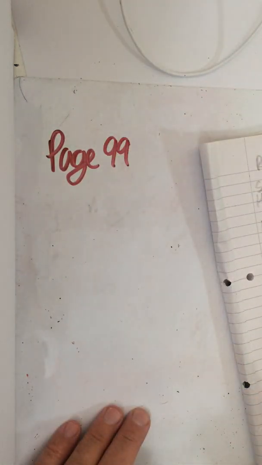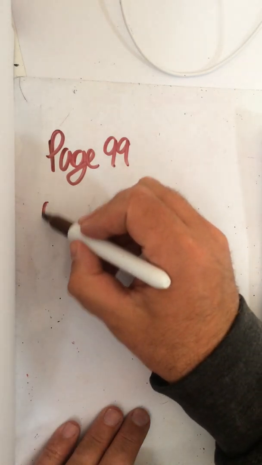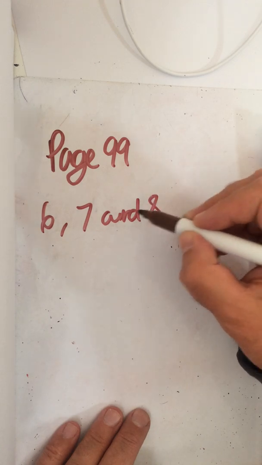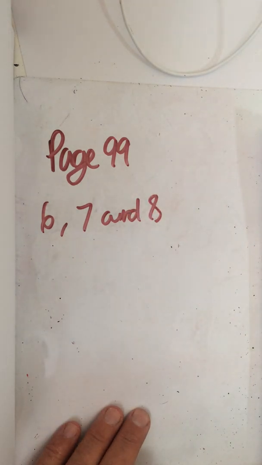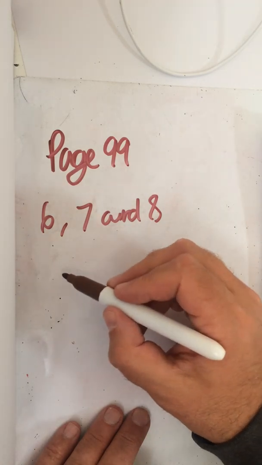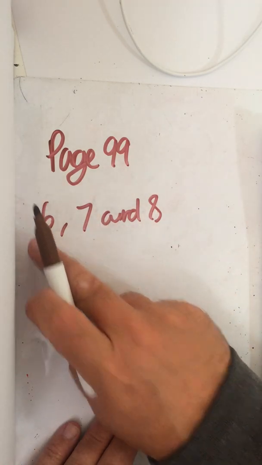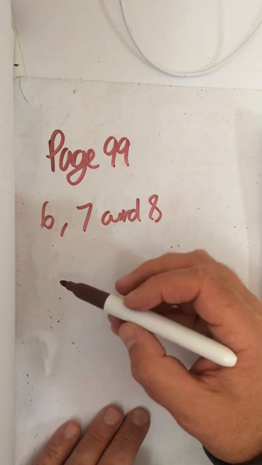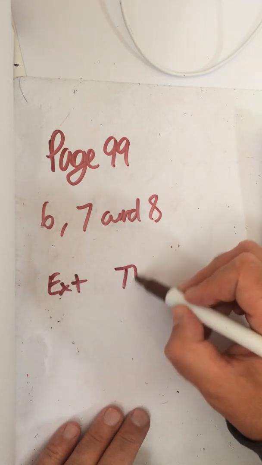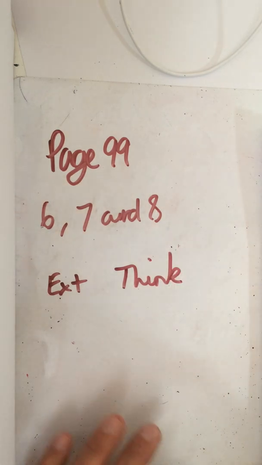Could you just have a go, please, at 6, 7, and 8? Quite tricky, but give it your best shot. I'm not going to be too worried if you can't do it, but I think some of us should be able to do all of them, and others should be able to do some of them. And then for the extension, do the think, please.